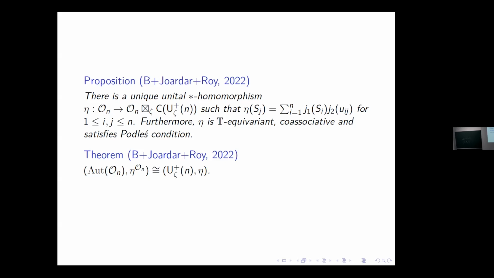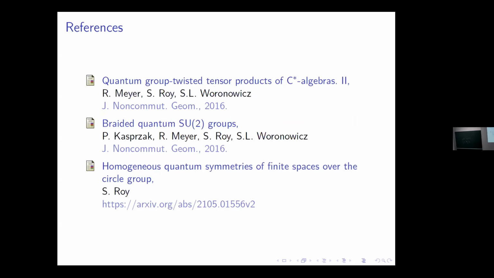Furthermore, this unital star homomorphism is equivariant, co-associative, and satisfies the Podleś condition. That means the braided free unitary quantum group U^+_n with zeta actually acts on the Cuntz algebra, and the theorem is the braided quantum automorphism group of the Cuntz algebra is this braided free unitary quantum group for the identity matrix of size n by n. So yeah, that is the theorem.